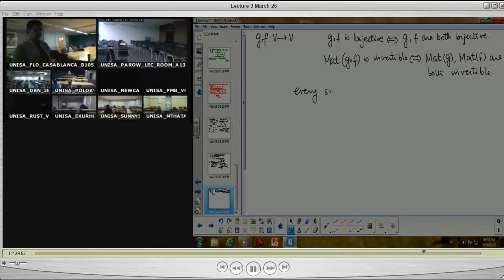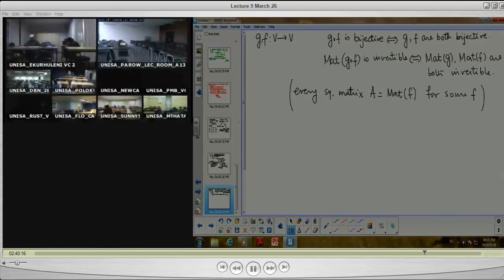Okay, sir, thanks. See, what I'm using is this. This is one vector space. If V is of dimension n, this is another vector space.